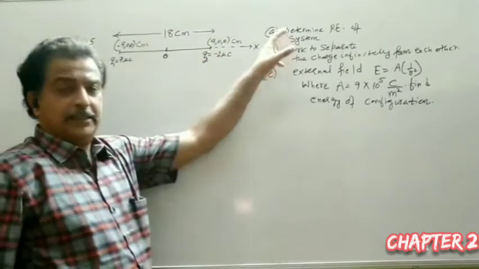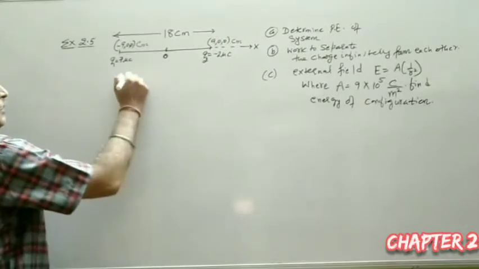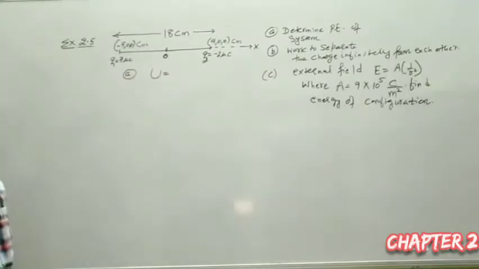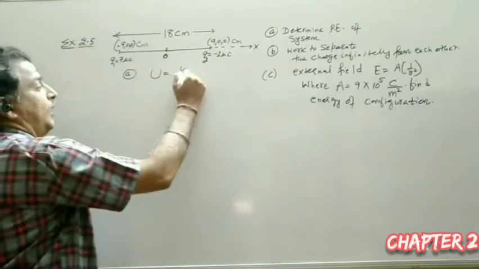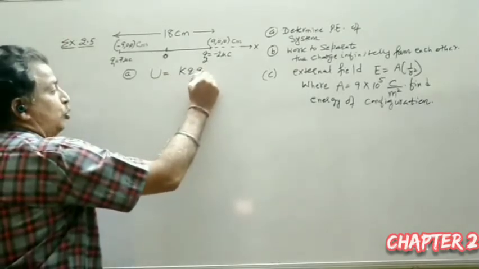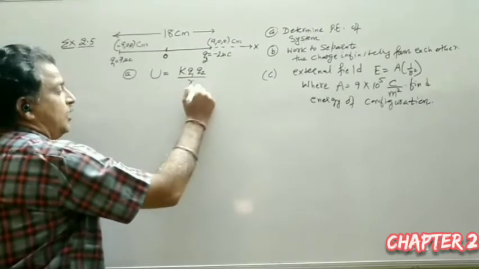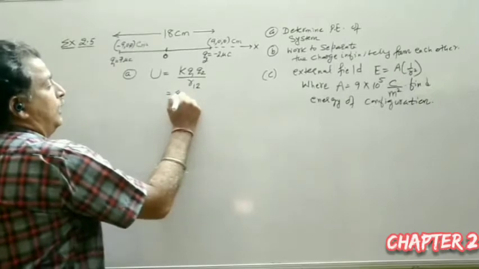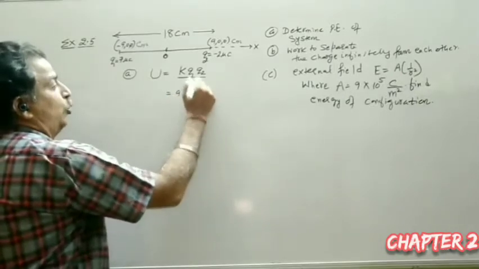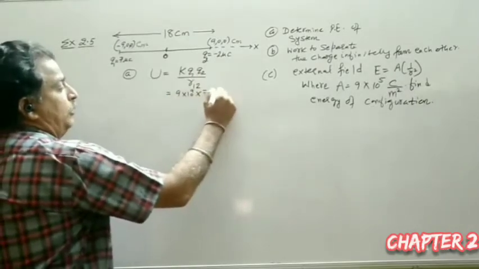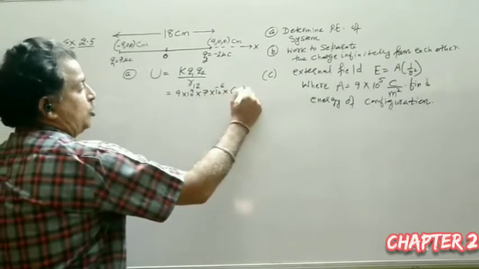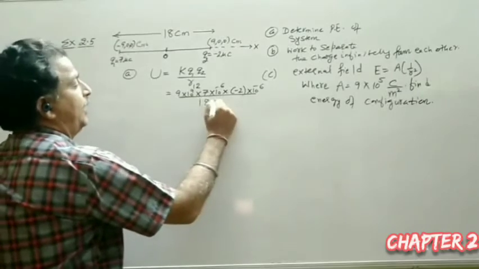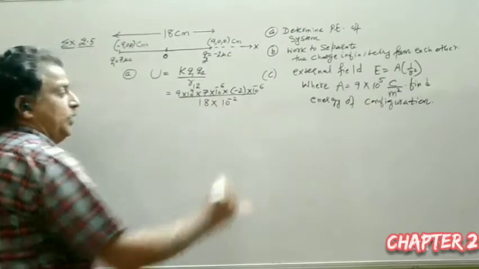Now the first part is very easy. We have to find the potential energy of the system. There are only two charges in the system, so it is K Q1 Q2 upon the distance between 1 and 2. This will be equal to 9 into 10 raised to 9, into 7 micro, into minus 2 micro, divided by the distance, that is 18 centimeter, that is 18 into 10 raised to minus 2.